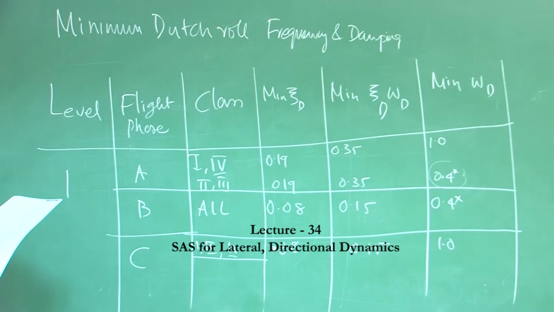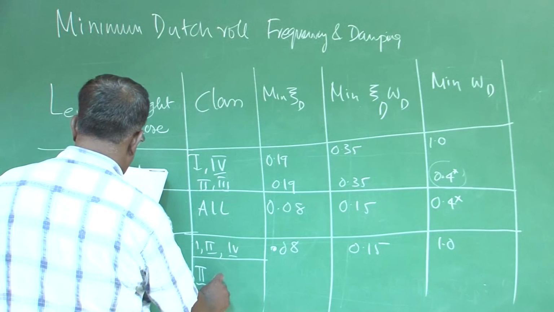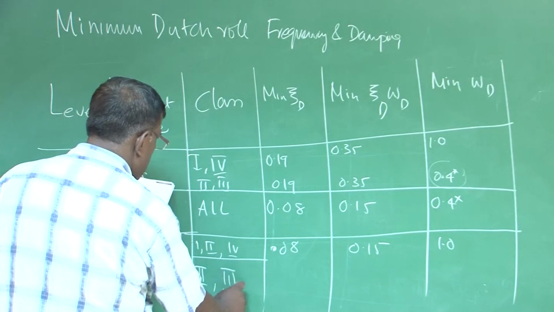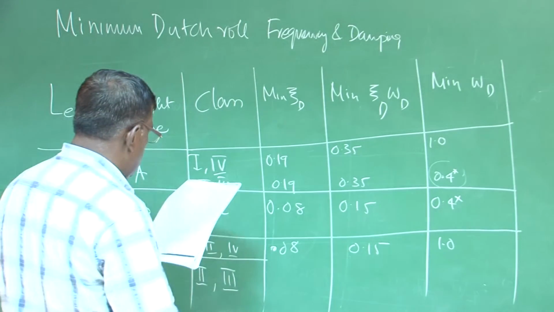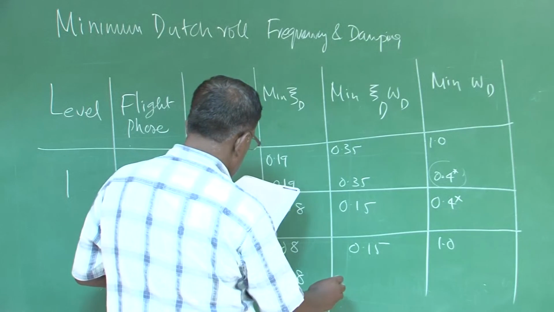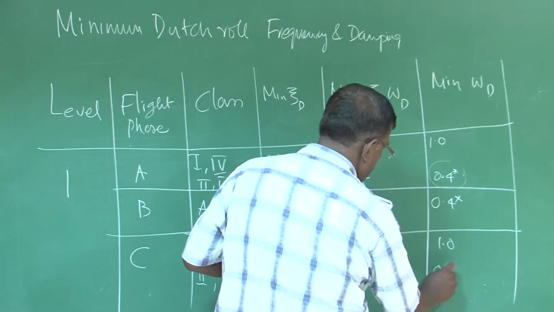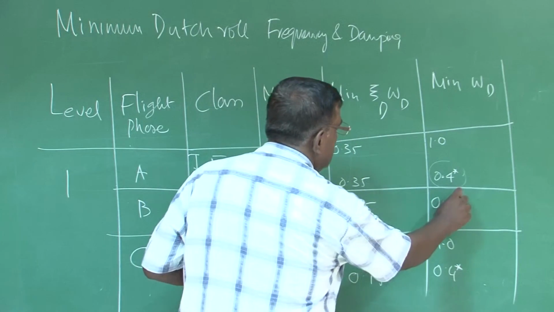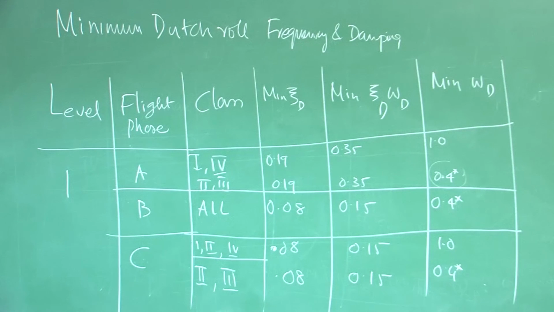And for 2 as well as 3, there are different variations of category class 2. So I am mentioning both. You will find it is again 0.08 and 0.15 and 0.4 again star. Similarly, you will find for level 2, level 3.